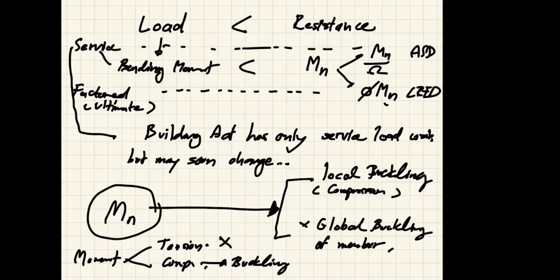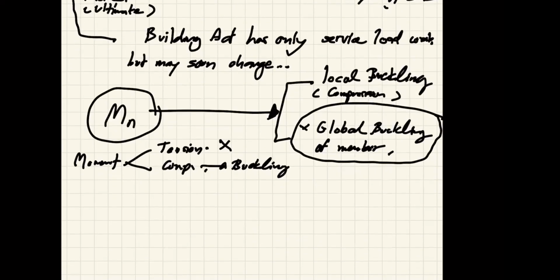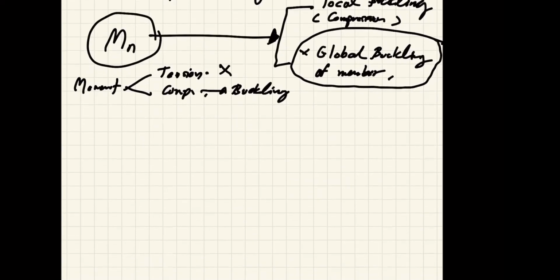All right, so this is what we are going to start our session today. We're going to start focusing on learning the behavior of the global buckling of our steel structure, okay? Because it's going to be different from compression members. Now, let me try to give you a big picture of where we are headed today.